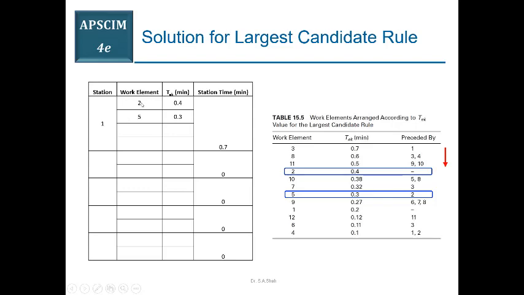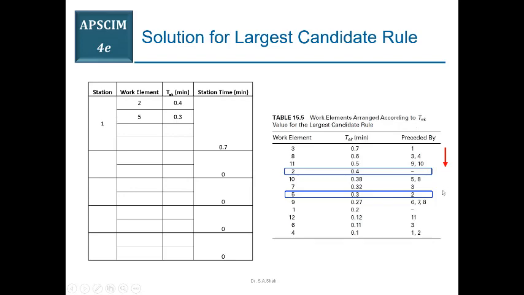So these will now be the sequence of operations. We have started with the second operation. It will be assembled to the base component and then work element number 5 will be assembled. Its assembling time is 0.3 minutes, and if you add up 0.4 and 0.3, you come up with 0.7. 0.7 means that you still have a 0.3 minute time slot left in workstation number 1.